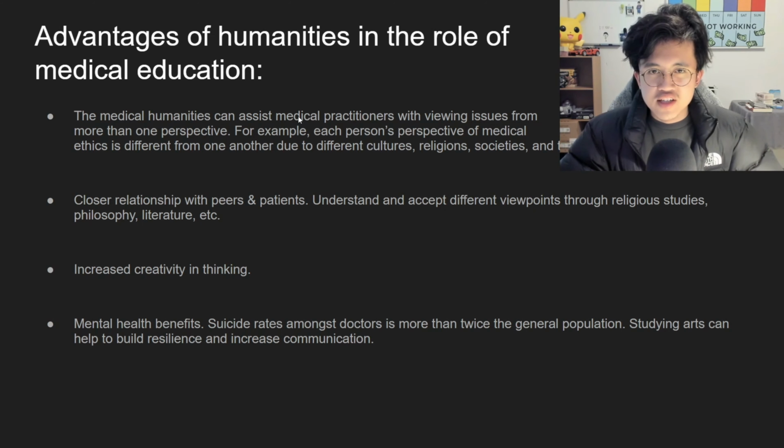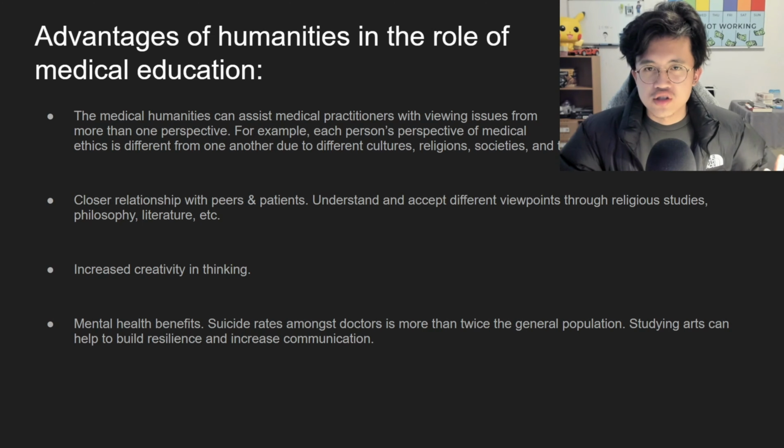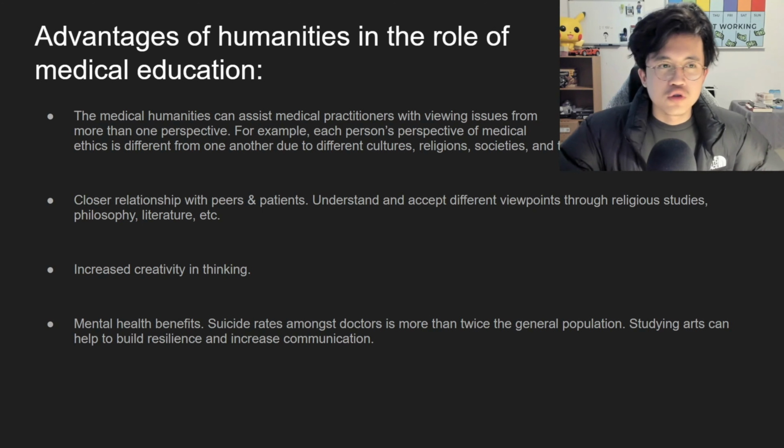For example, people's perspectives on medical ethics differ from one another due to different cultures, religions, societies, and traditions, and studying this can explain complexity towards other people's viewpoints. Closer relationship with peers and patients, understanding and accepting different viewpoints through religious studies, philosophy, literature, etc.